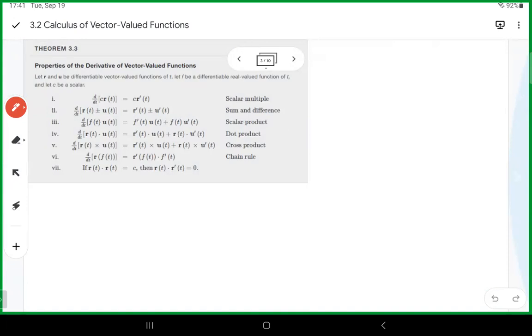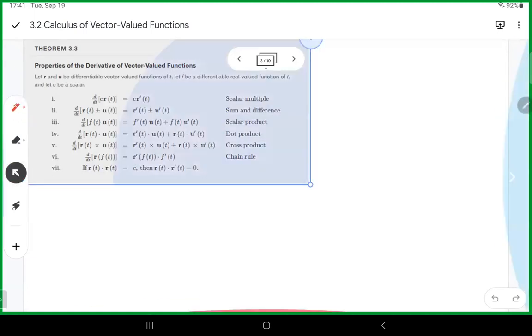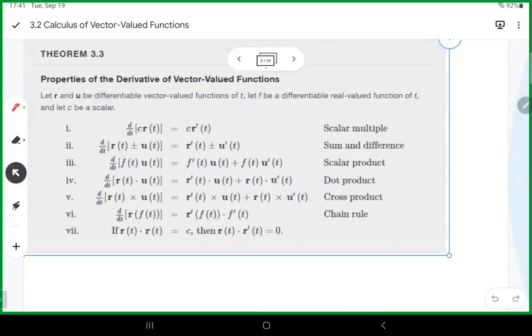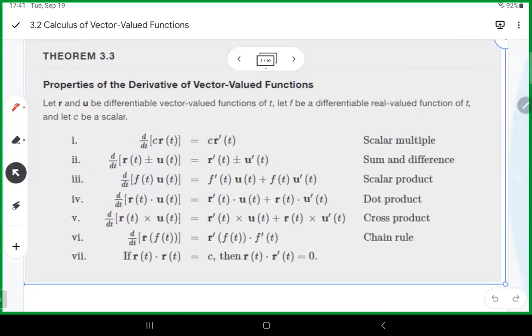So here's some properties for theorem 3.3, properties of the derivative of vector valued functions. They give you the scalar multiple, sum and difference, scalar product, dot product, cross product, and chain rule. You don't need to worry about writing those down right this second. You want them a little bit bigger, I can make them bigger.